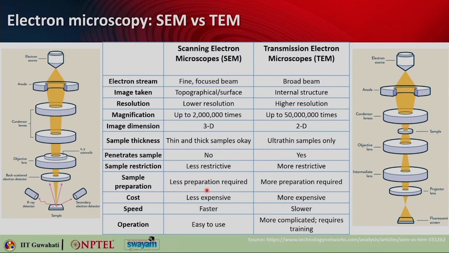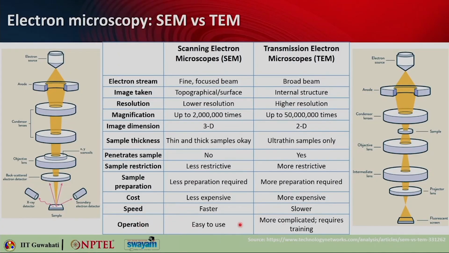So, obviously when things are in more detail and more care has to be taken for TEM, TEM is more expensive as compared to SEM. However, SEM will be faster, TEM will be slower because TEM actually magnifies much more and it goes into much finer details. So, if you look at the operation, SEM is easier to use, TEM is much more complicated and it requires proper training. SEM also requires training, but TEM requires more rigorous training.